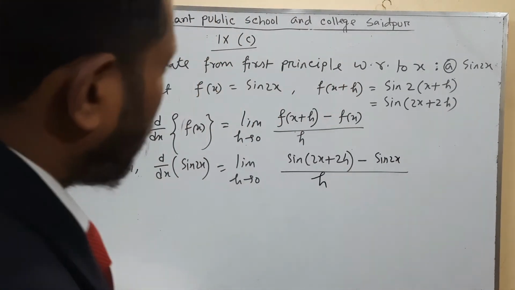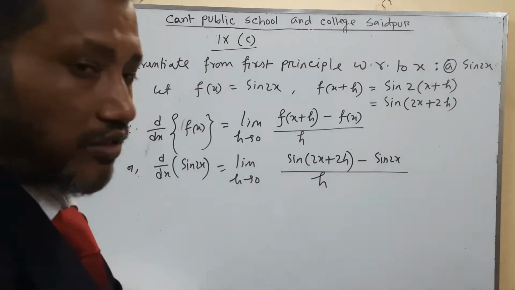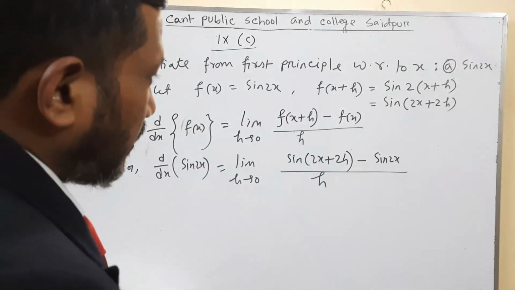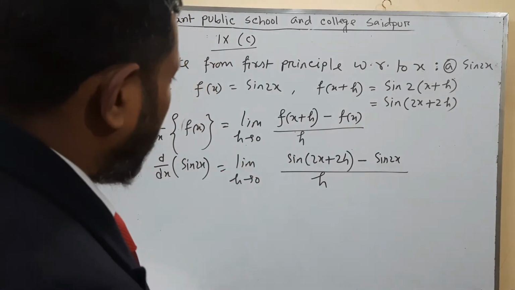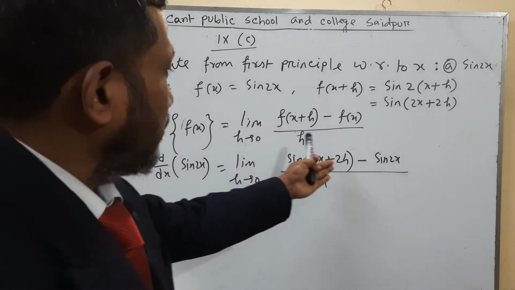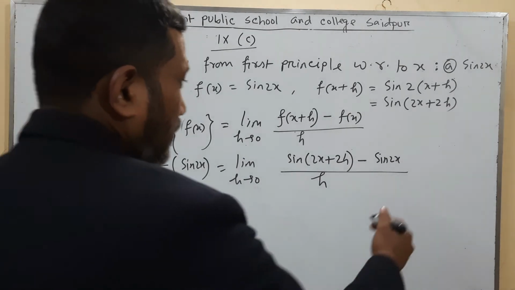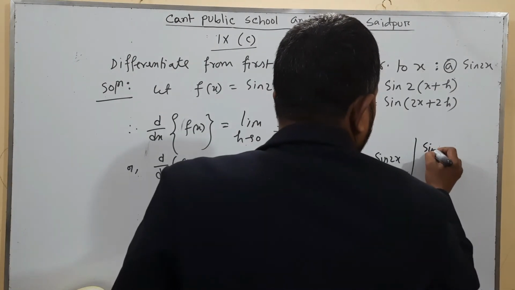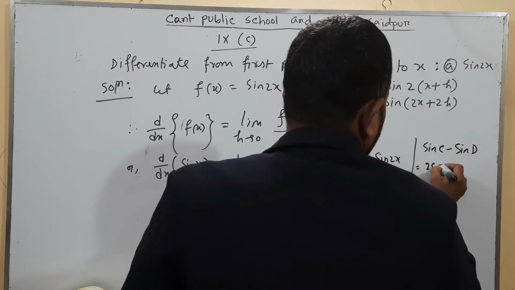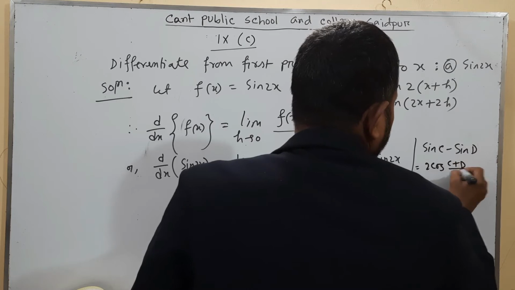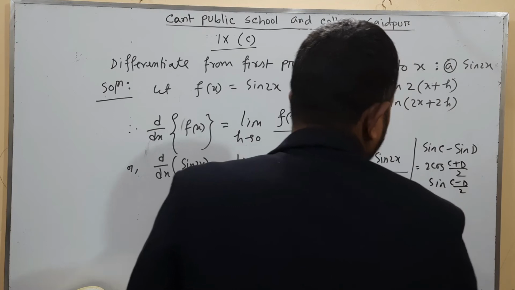We know sin c minus sin d is equal to 2 cos c plus d by 2 sin c minus d by 2.